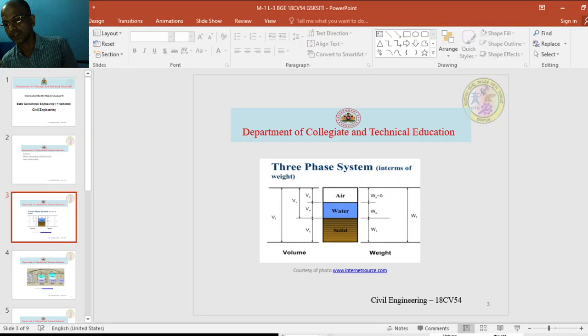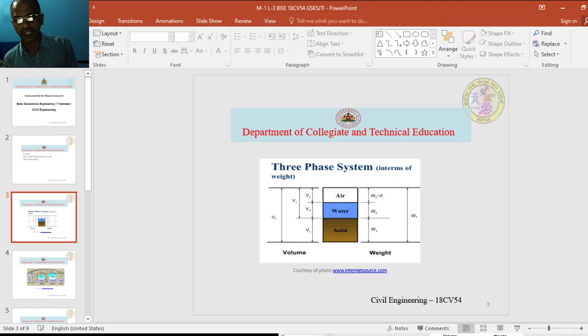As I said in the last class, soil is composed of soil solid, water and air. Therefore it has derived the name three-phase diagram. Soil solid is the first phase, water is the second phase, air is the third phase.